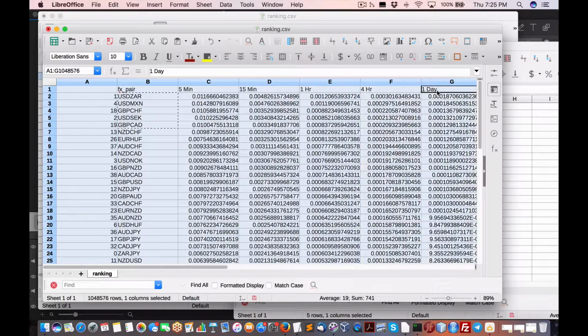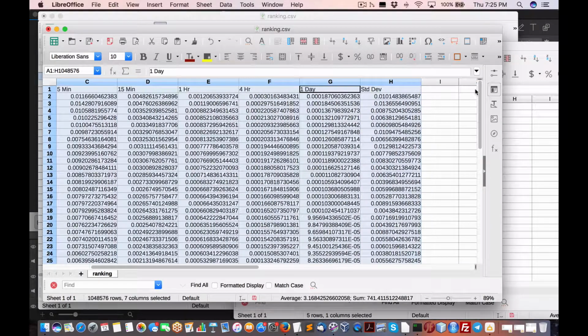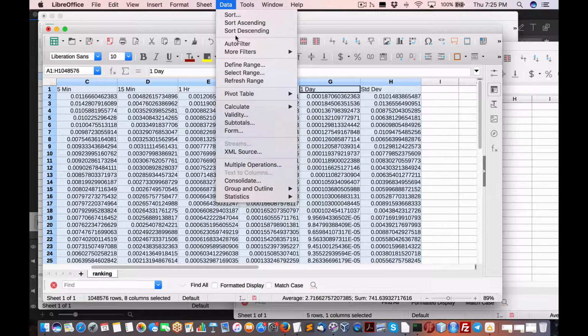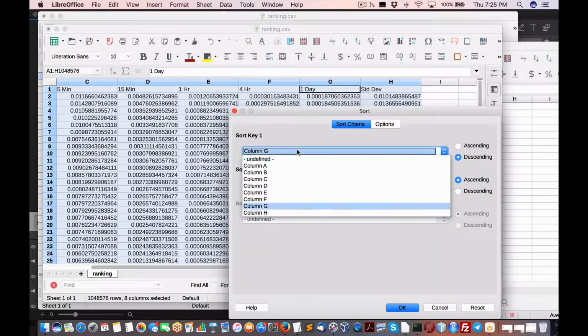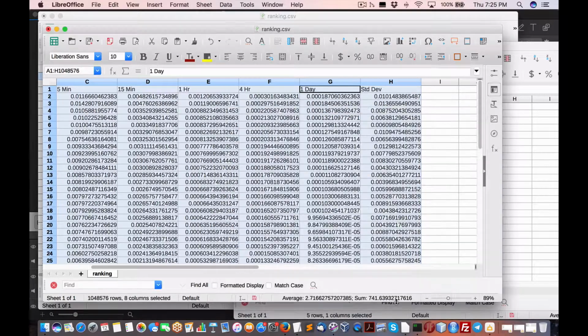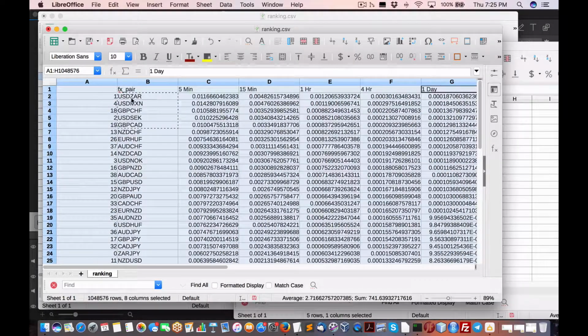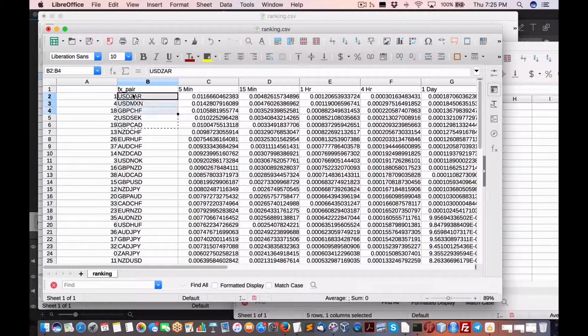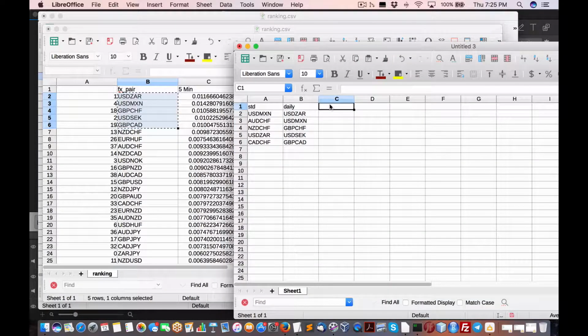And then again, we are now going to do the 4-day, half a day. Okay, so we're going to sort by column F, ascending. So in our case, we will see, so it's a 4-hour.